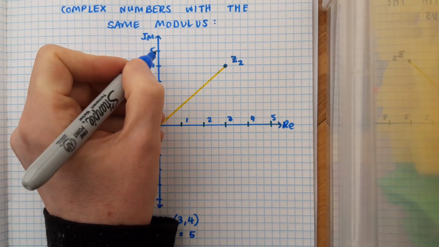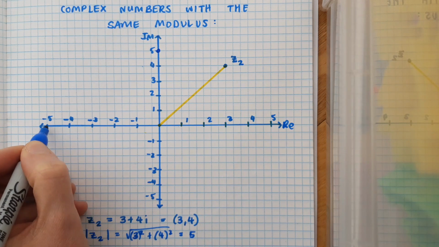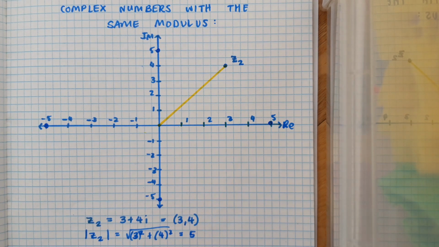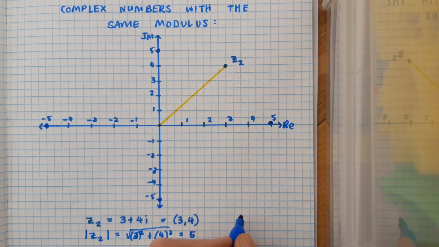Anyway, for the moment, all of these points have the same modulus as Z2. Take a second to think about Z2, 3 plus 4i. Are there any other complex numbers that you think you could write down that would have the same modulus as this? So I could have, for example, minus 3 plus 4i.